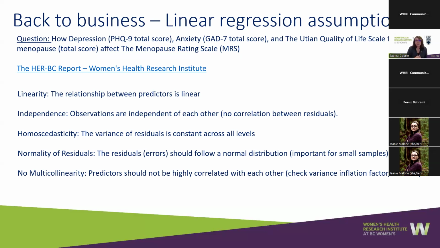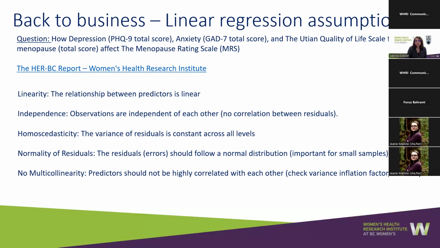For MRS, higher scores mean more severe symptoms, and the same for depression and anxiety, while for quality of life it's different: the higher the score, the higher the quality of life you will have. And you can download the HERBC report and look at our preliminary results.